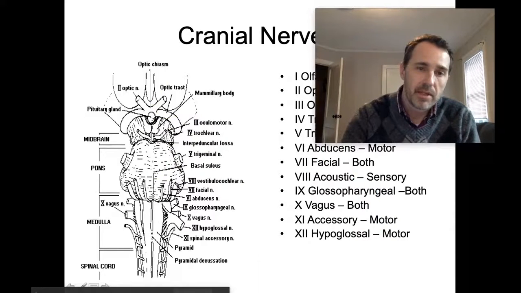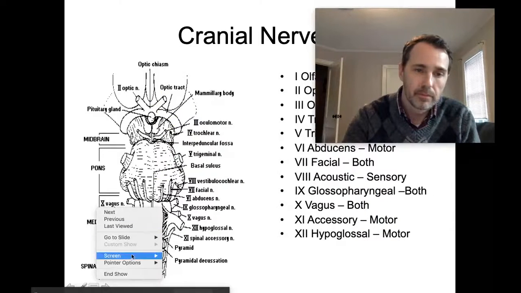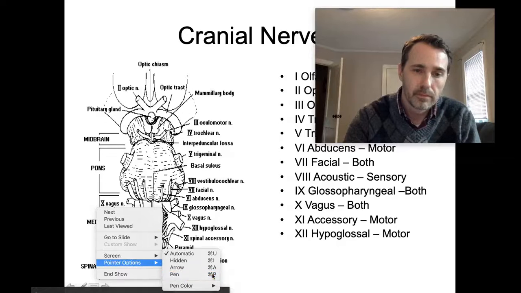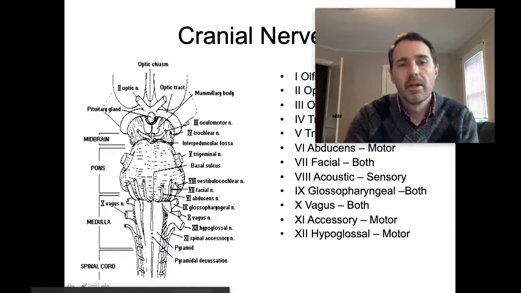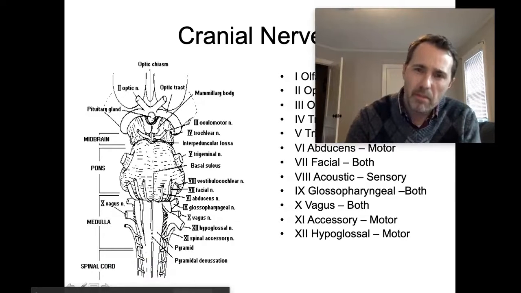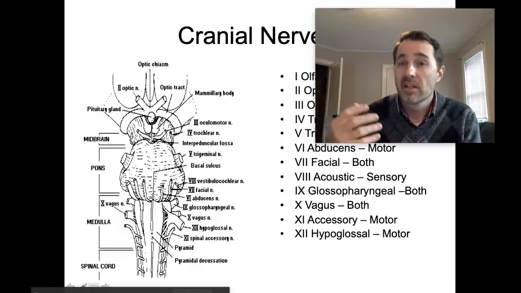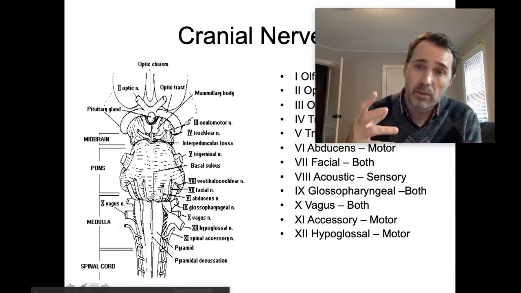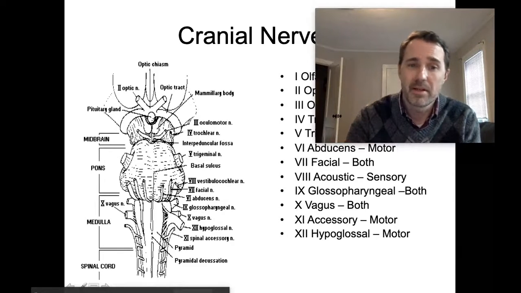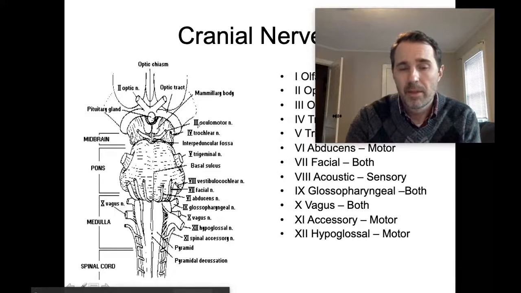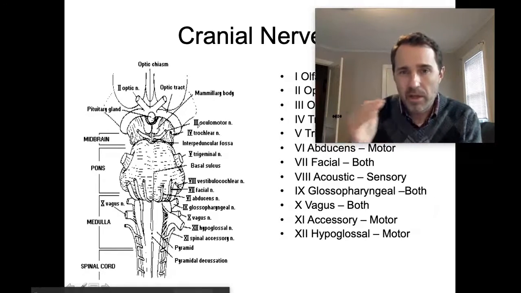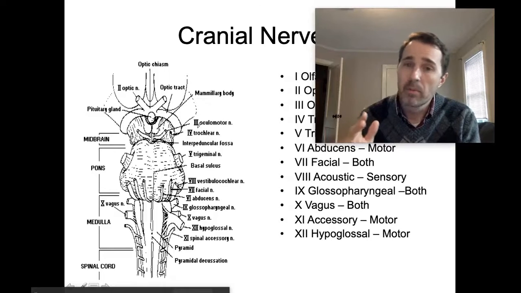here is a picture of the brainstem. Most of the portions of the peripheral nervous system that service the head and the neck, meaning the cranial nerves, connect to the central nervous system at the brainstem. And we talk about them by Roman numeral.